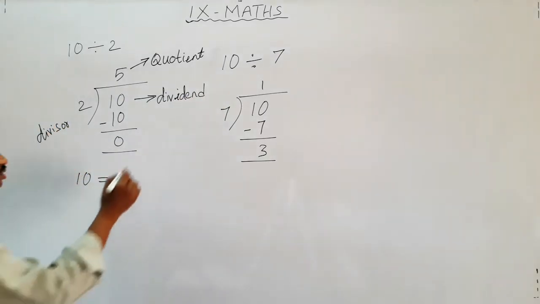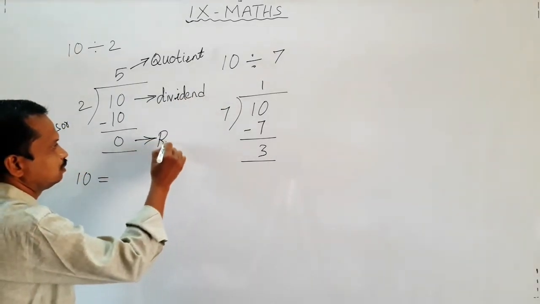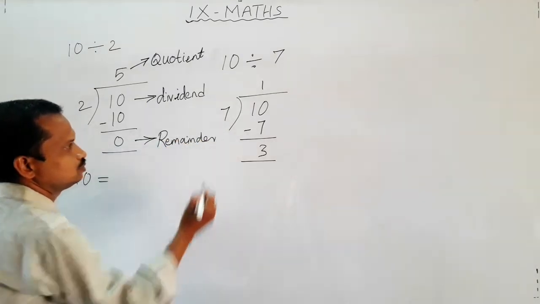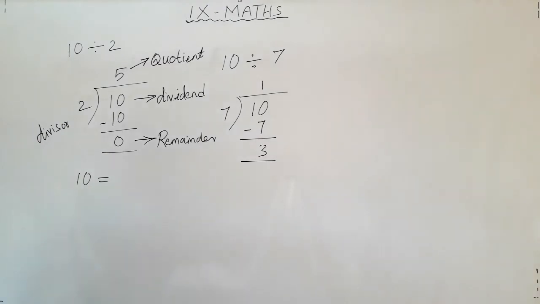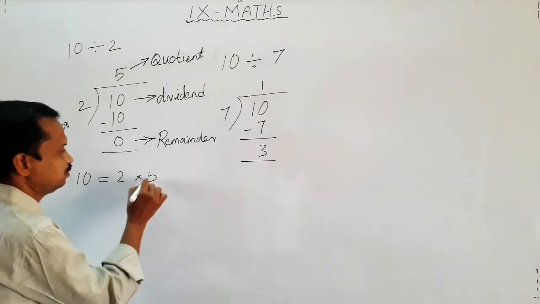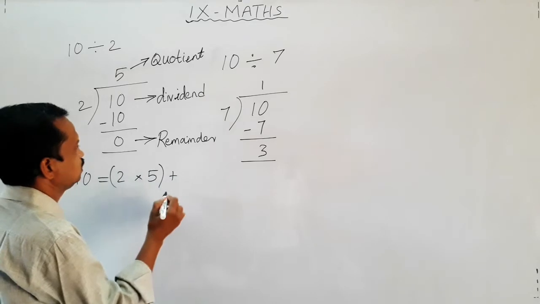Clear? And this is called the remainder. That you know. So we can write 10 is equal to divisor 2 into the quotient 5 plus the remainder 0.